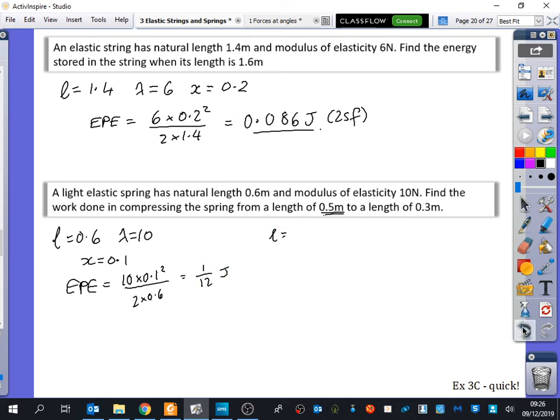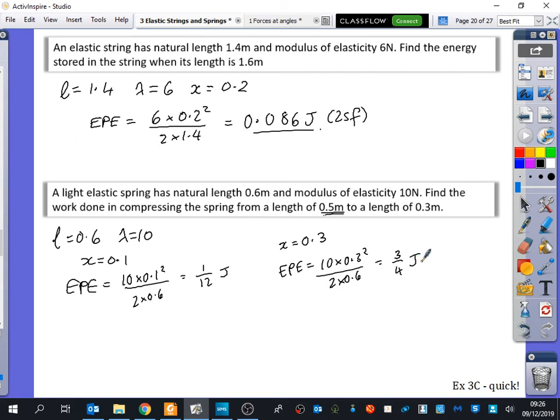Then when x is equal to 0.3, to take it all the way to that stage, the elastic potential energy is 10 times 0.3 squared over 2 times 0.6. So that's 10 times 0.3 squared divided by 1.2, and you get 3/4 of a joule.